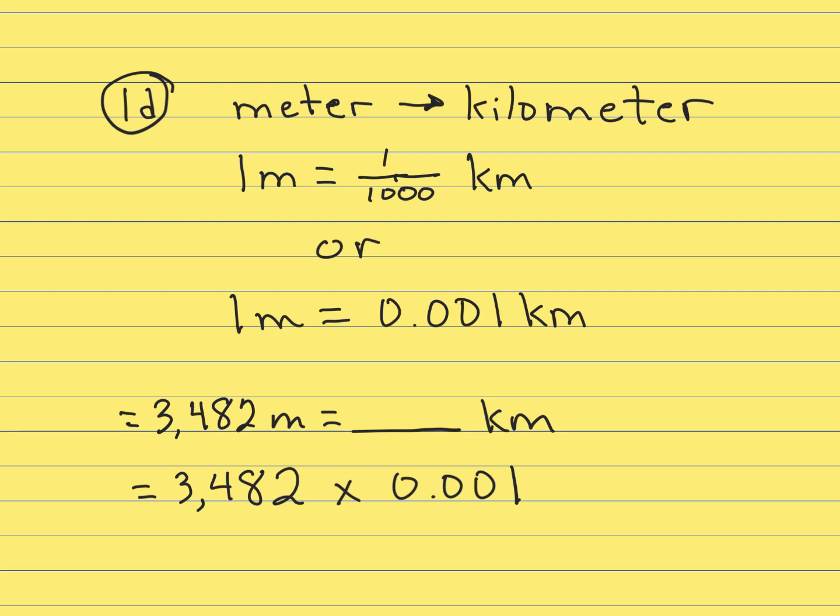So let's just take this one. It's not the one on your homework, but it's like that. And then you can do the one on your homework. 3,482 meters, and we want to know how many kilometers that is. So if we multiply by 0.001, we're going to move that decimal point over 3 spots, and we get 3.482 kilometers.